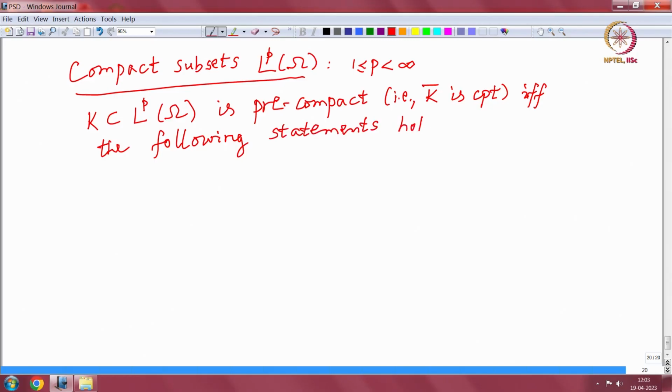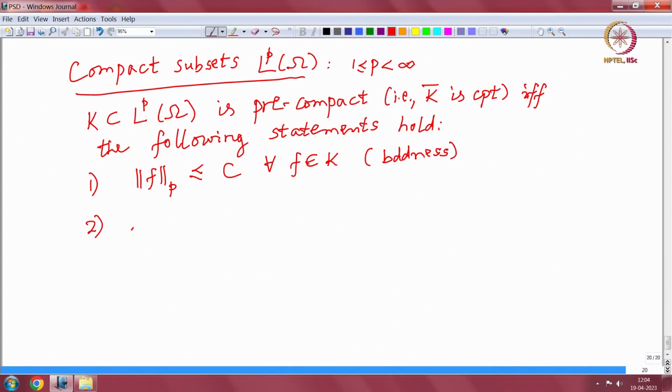So this is again translating that total boundedness to this specific space LP omega. The first is: norm of f in LP is less than or equal to C for all f in K. This simply says that K is bounded. This is anyhow a necessary requirement, but it is not sufficient. So what are the other conditions? Let me write that.